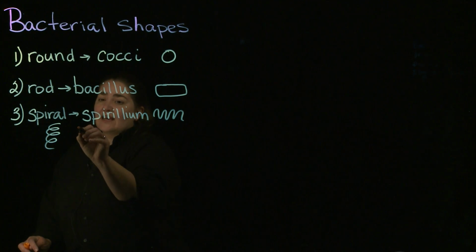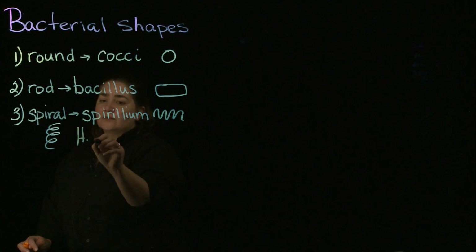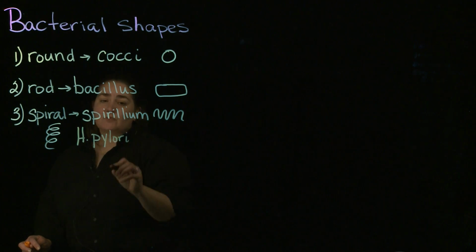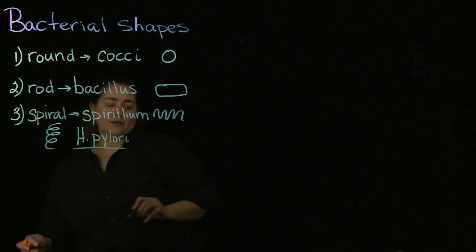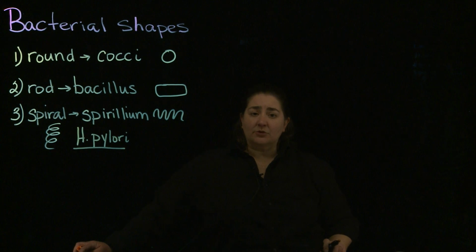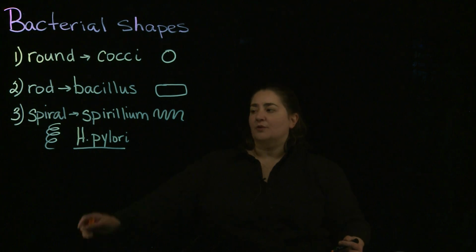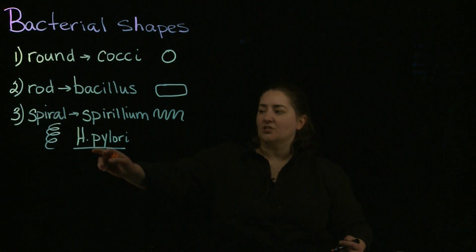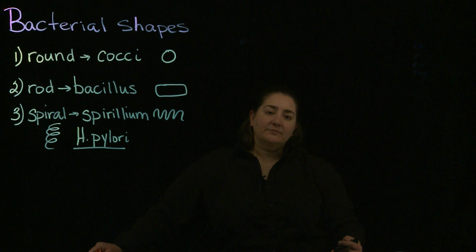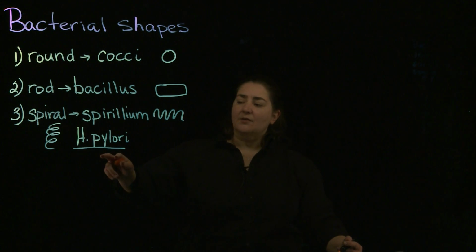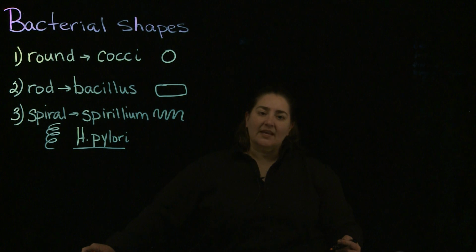One bacteria in particular that has that spiral shape that impacts us as far as human health is Helicobacter pylori, and I've abbreviated the Helicobacter with H. Helicobacter is the genus name, pylori is the species name.